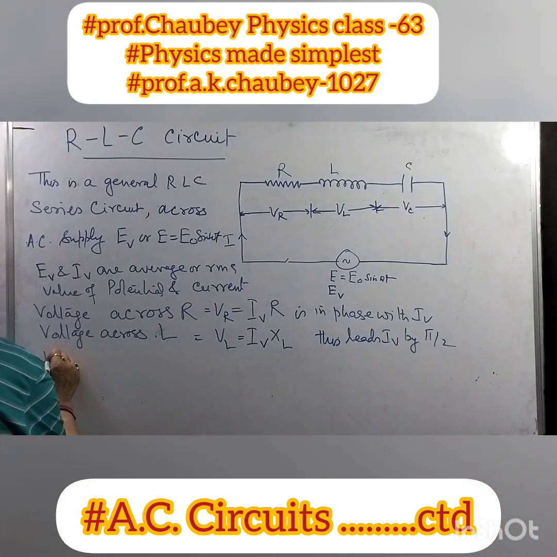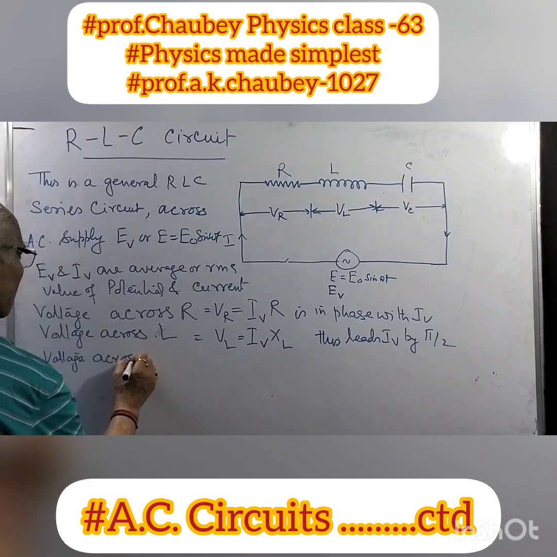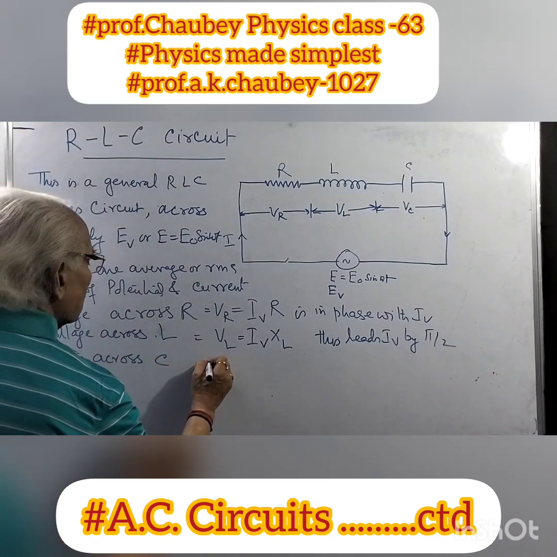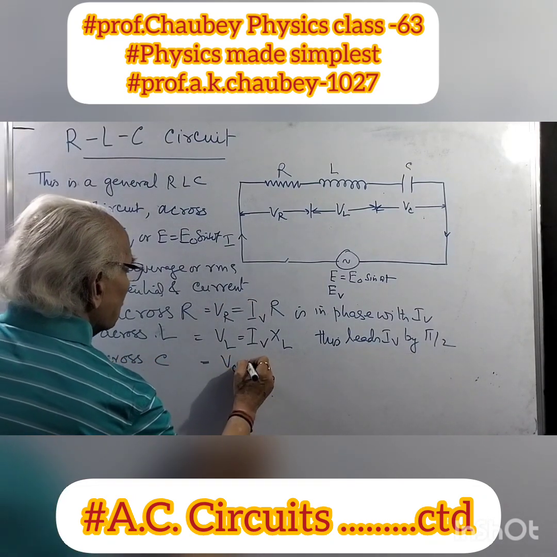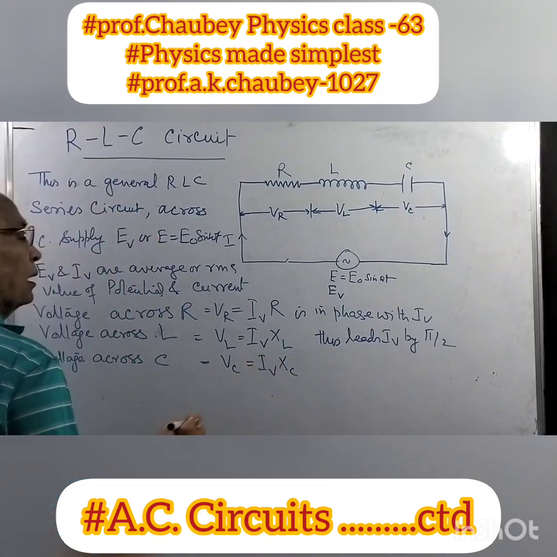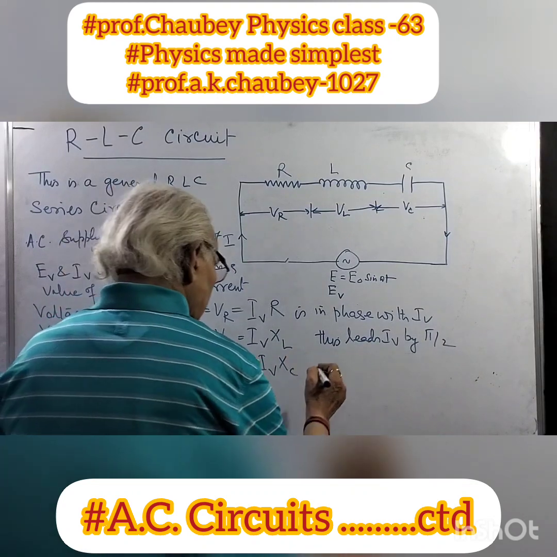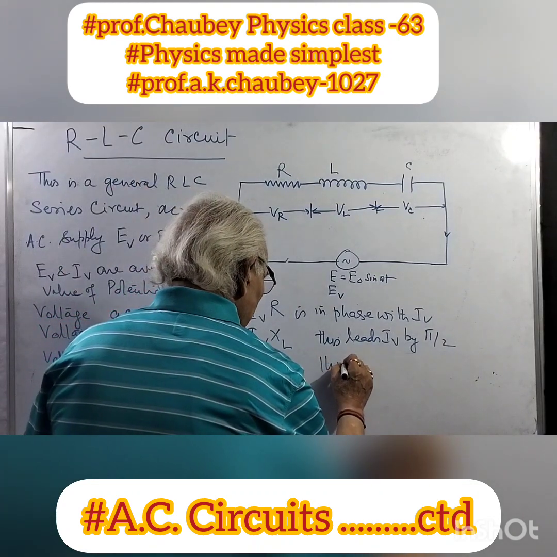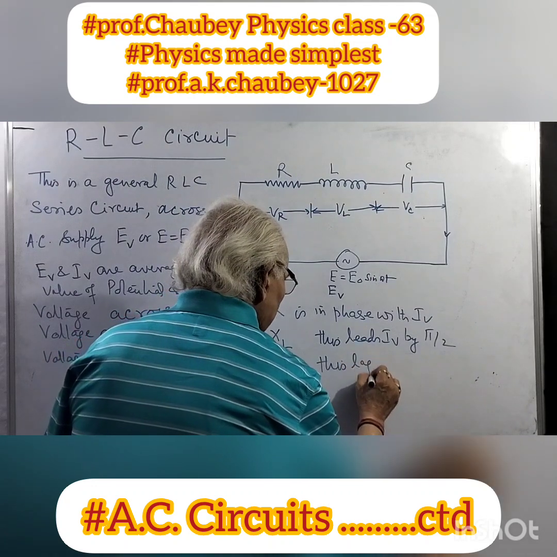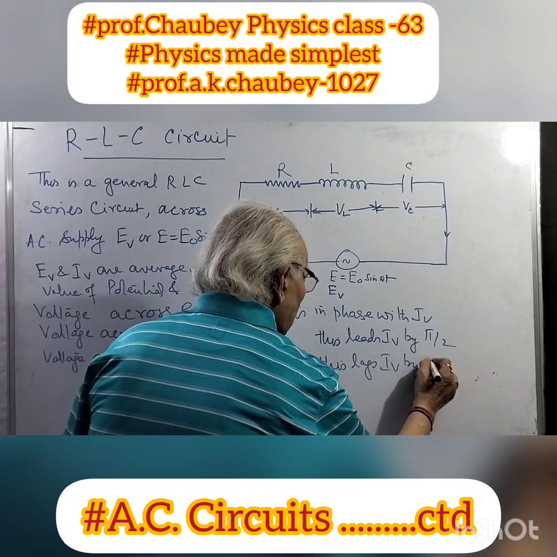And then voltage across C is VC equal to IV XC, and this VC lags IV by pi by 2.